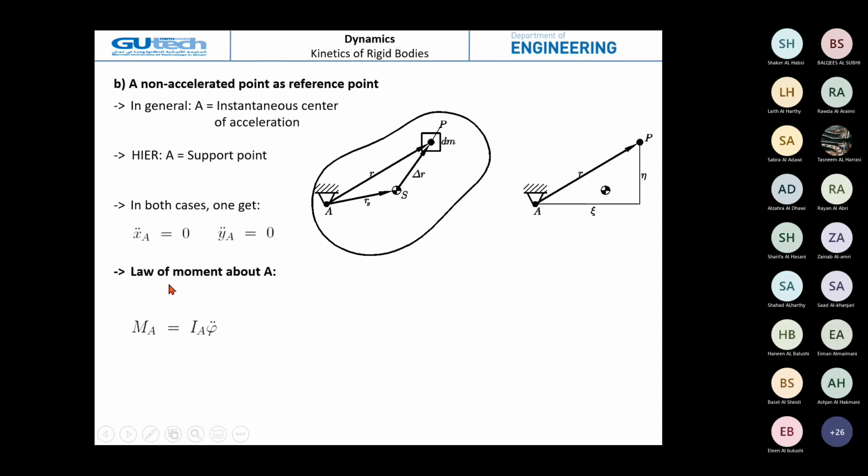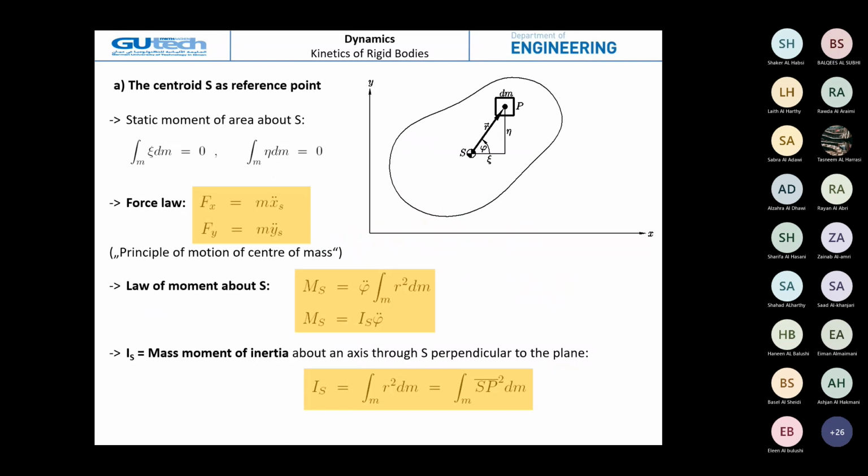If we take the law of moment about A, we have this relation. We have seen, returning back, that the moment is always I, the mass moment of inertia, which I call the moment of inertia for simplification, multiplied by the angular acceleration.